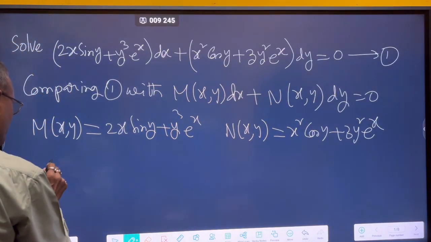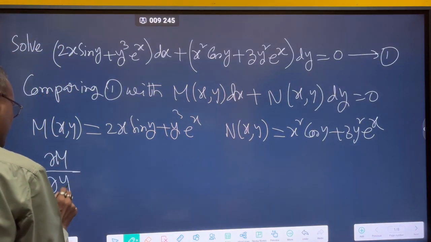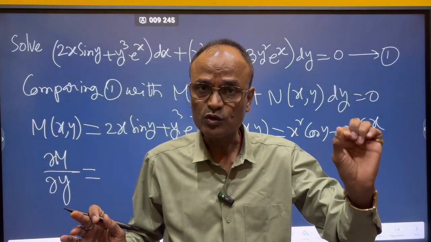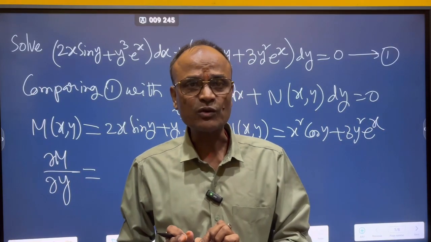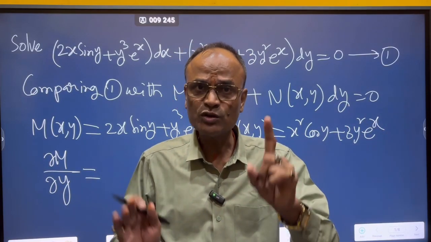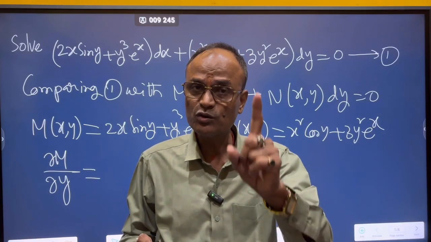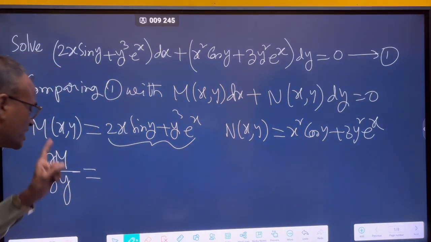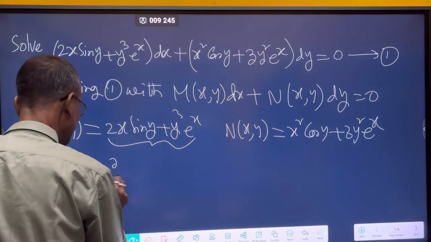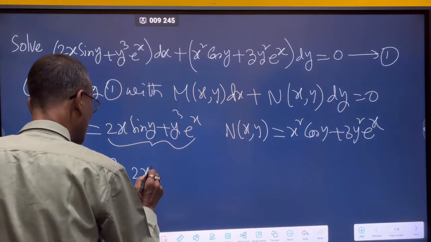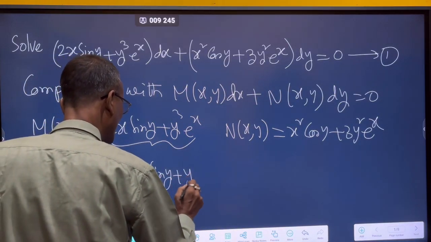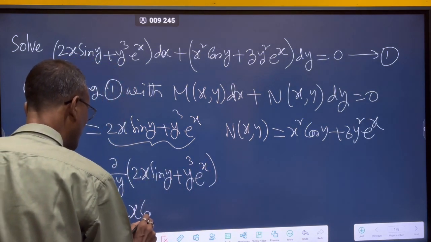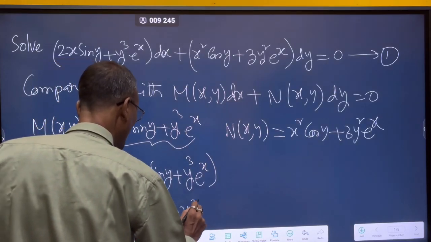Now, del M by del y. You know that M dx plus N dy equal to 0 will be an exact differential equation if del M by del y equal to del N by del x. Del M by del y, just differentiate with respect to y, treating x as constant. Then you will find del by del y of twice x sin y plus y cube e to the power x is equal to twice x cos y plus thrice y square e to the power x.